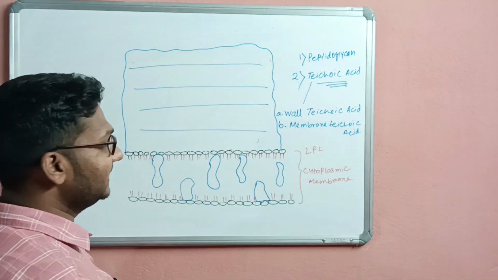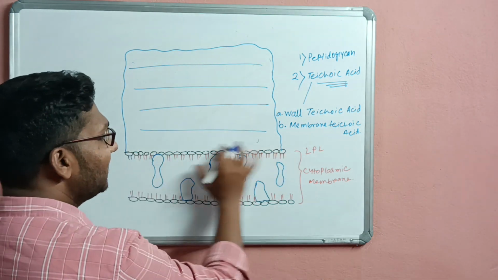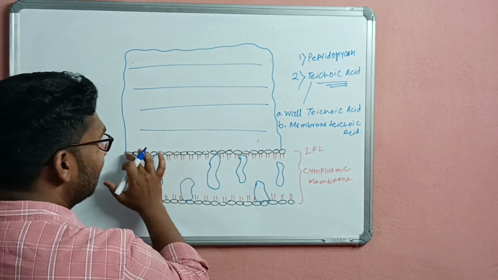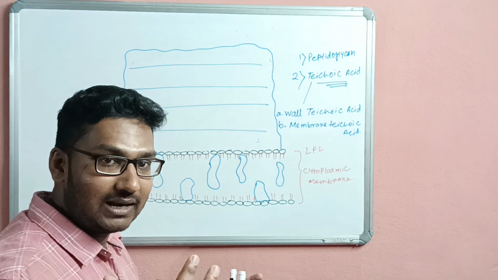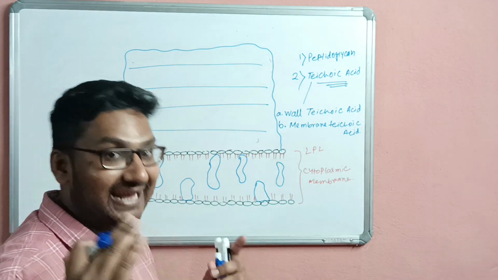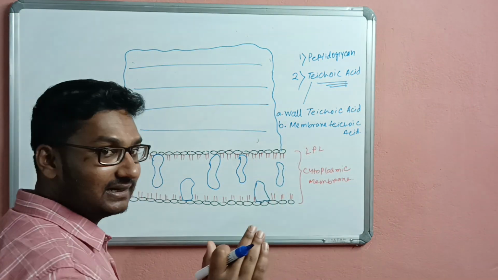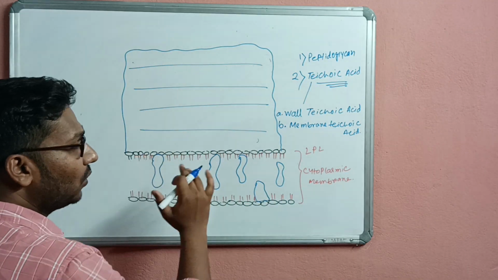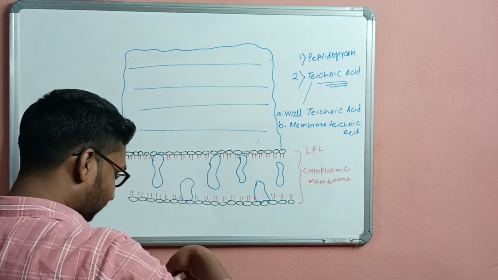Wall means cell wall. So here is the cytoplasmic membrane. Cell wall is formed by the peptidoglycan layer. Clear? So which membrane is present here? Only the cytoplasmic membrane. So wall teichoic acid, what does it mean?